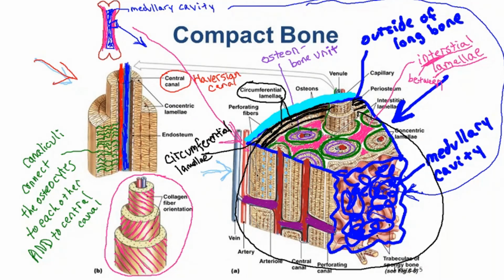And they too have an artery or a capillary, which is a miniature artery. And they also have a venule, which is a miniature vein that runs through, connecting to the capillary and vein in each central canal.